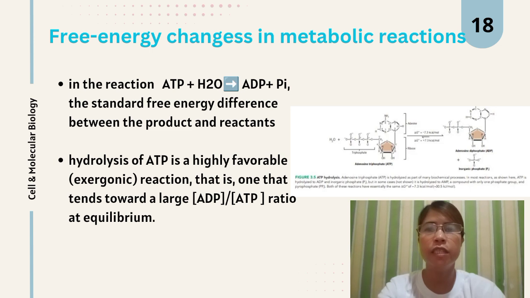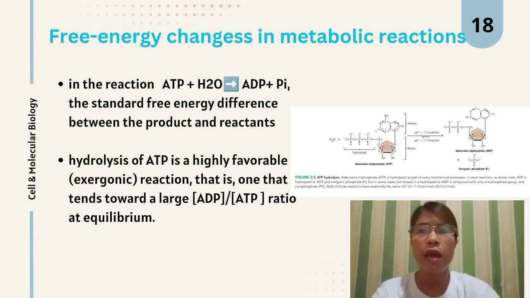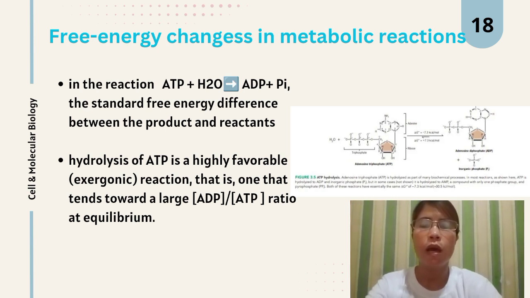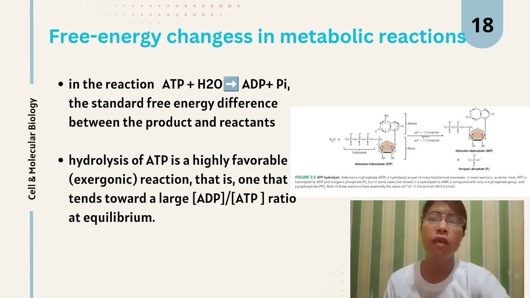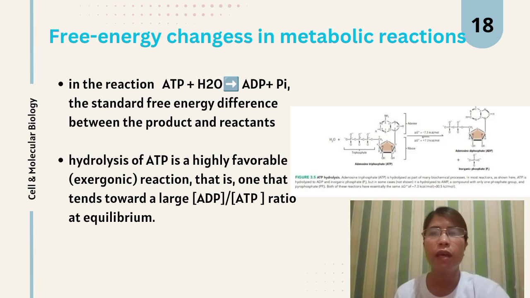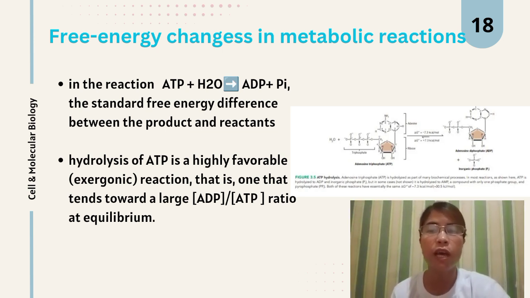Free energy changes in metabolic reactions. So in the reaction, ATP plus H2O and ADP plus Pi. Yung ADP plus Pi ay yan po yung equals to ATP. Yan po ay composition ng ATP.